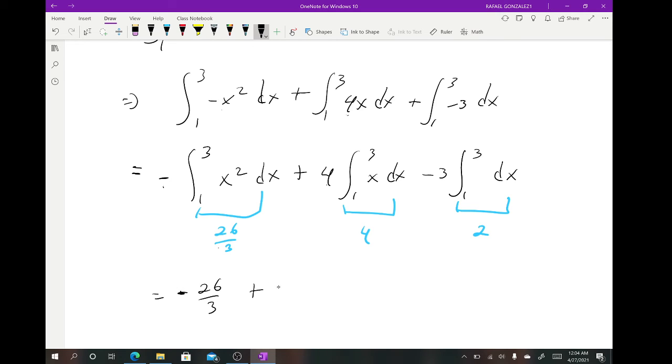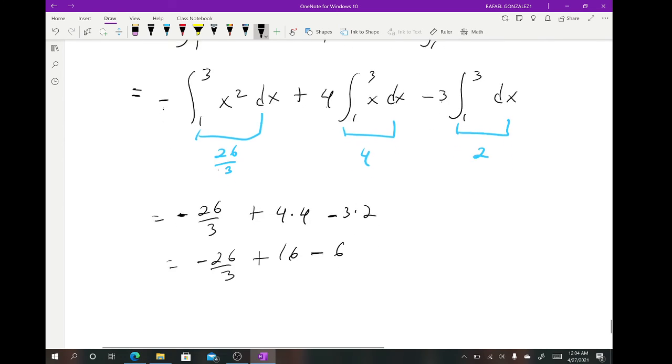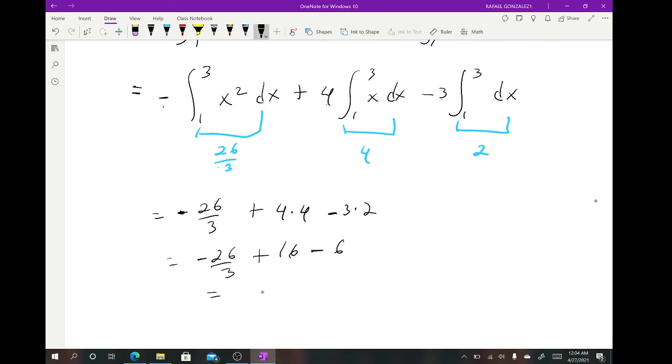plus 4 times 4 minus 3 times 2. Okay, so I'm just multiplying the constant in front of the integral by what the integral is equal to. So I get negative 26 over 3 plus 16 minus 6, which is equal to negative 26 over 3 plus 10.